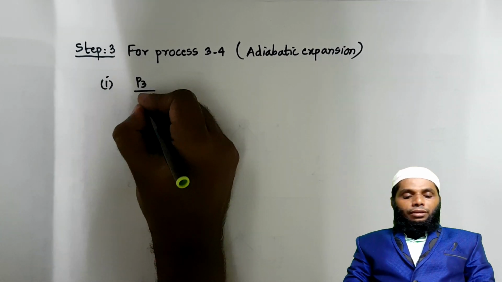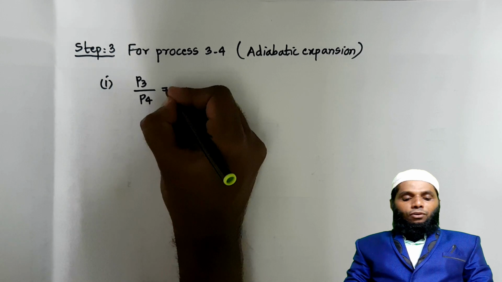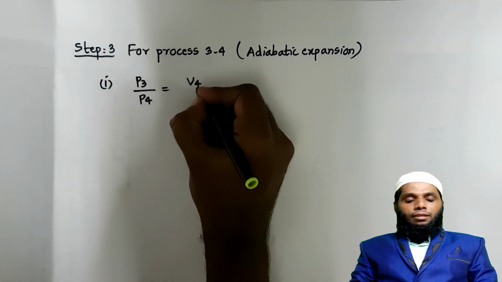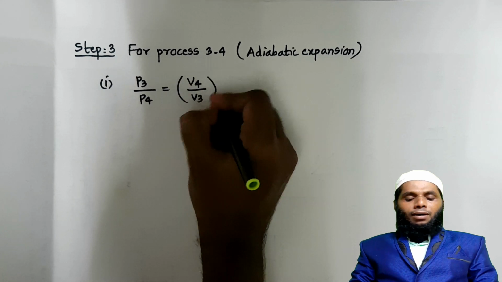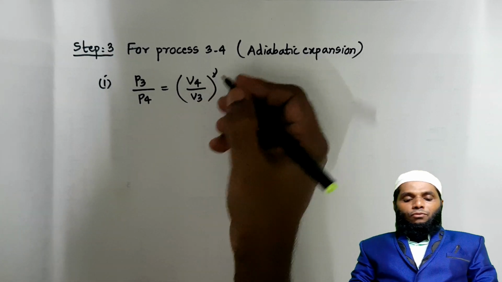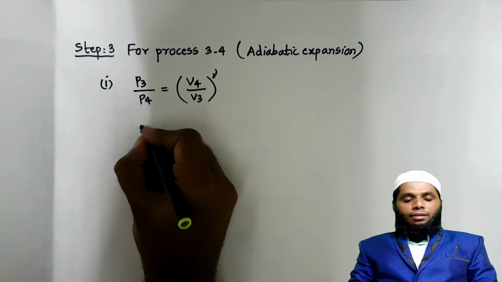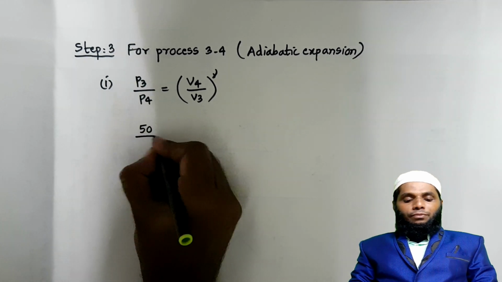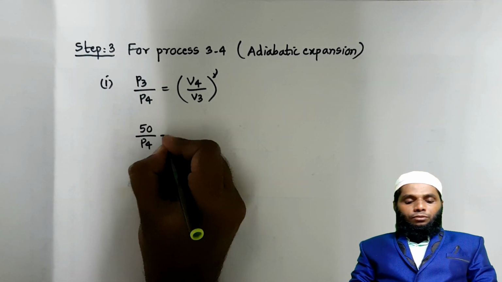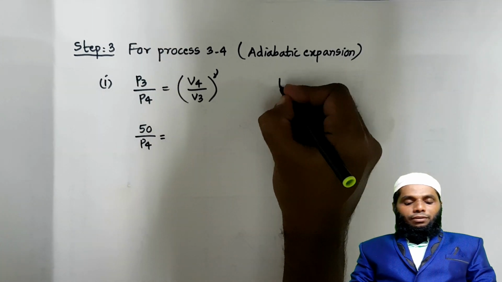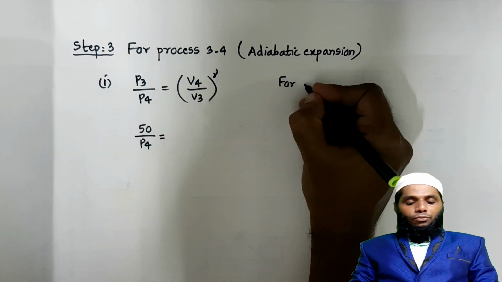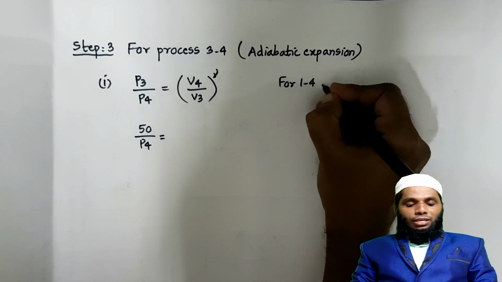So during this process, we'll first of all determine the pressure. We'll apply this relation: P3 by P4 is equal to (V4 by V3) raised to power gamma. P3 value we have is 50.